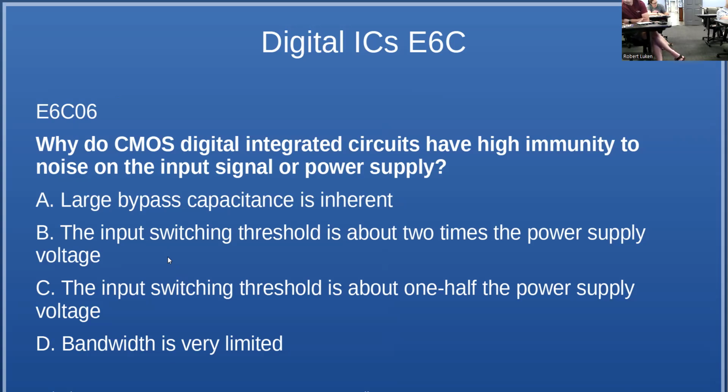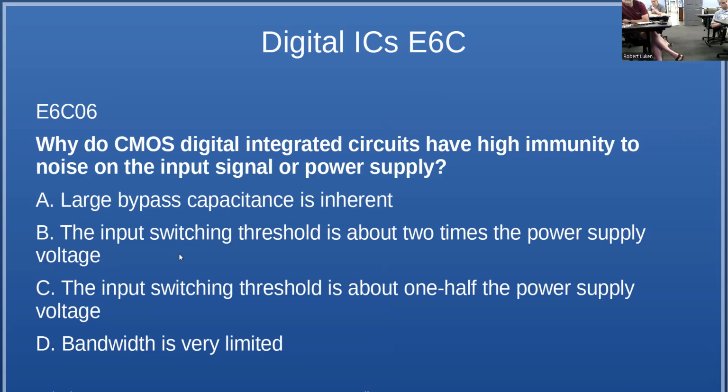Because in CMOS, it kind of self-biases itself at half of the supply voltage. So in the case of TTL, it switches at, gee, I forgot. Around a quarter of the supply voltage.